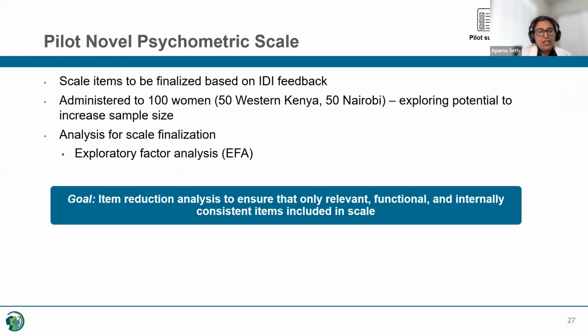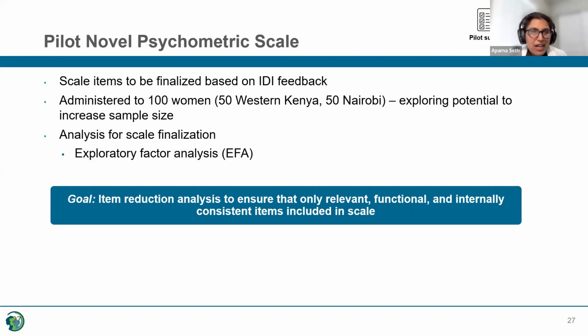Now once we finish all of our 40 IDIs and analyze all of this feedback, our goal is to finalize these scale items across these 5 constructs and then administer them to 100 women in the same 2 settings. We are also exploring if we can increase the sample size to maybe 300 or 400, depending on budget considerations.